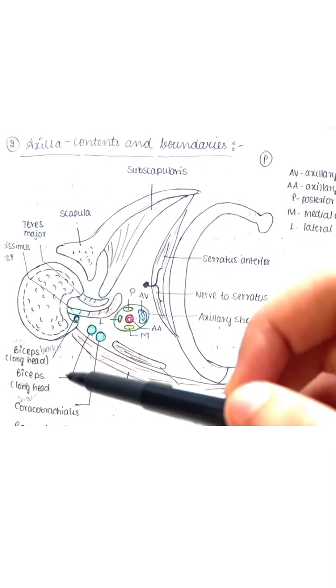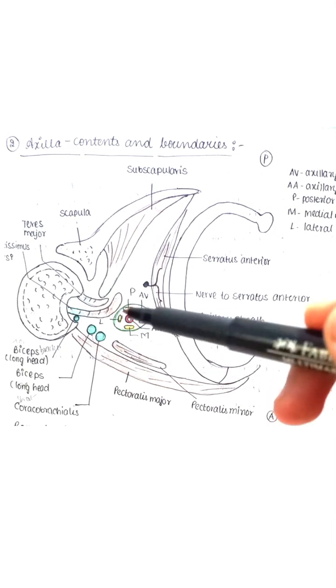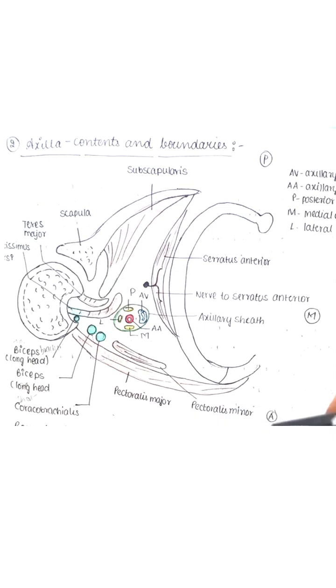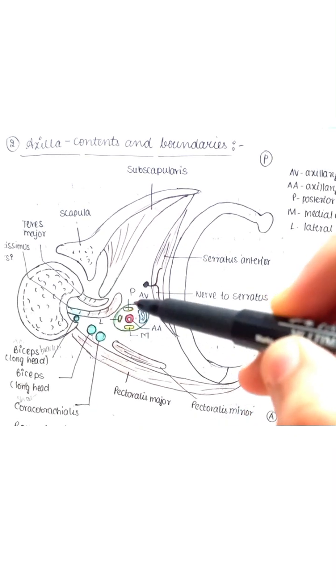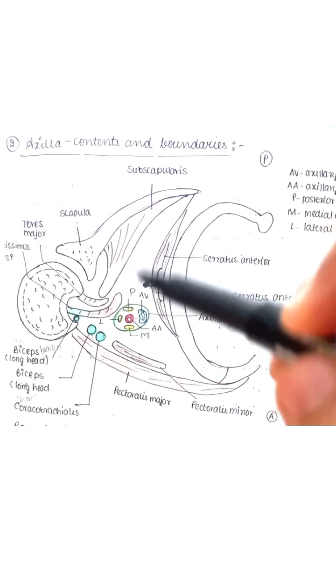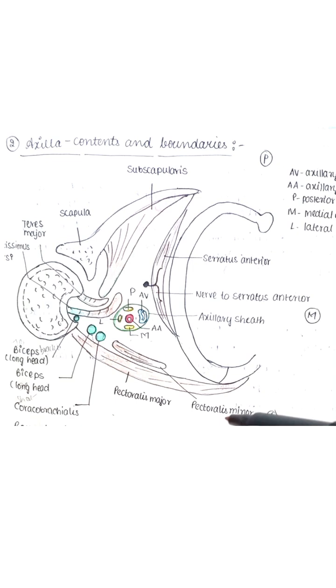It is nearer to the anterior wall than the posterior wall, that is, nearer to the muscles pectoralis major and pectoralis minor, which form the anterior wall of the axilla.